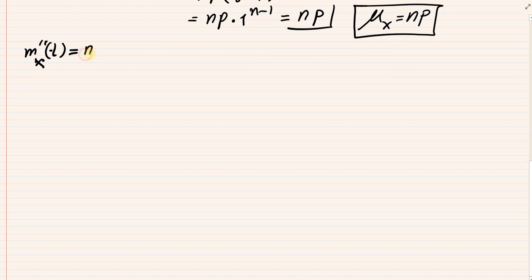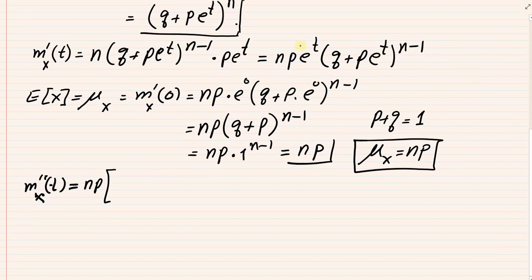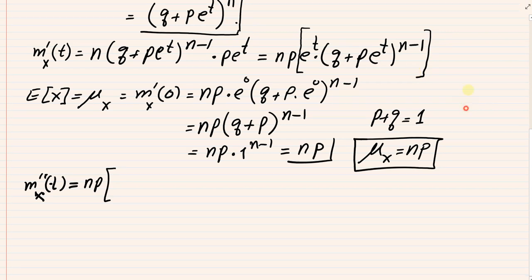I'm going to get np. Actually, what I did first, maybe I should copy this, but I'm looking at np as a constant multiple and then using the product rule of derivatives to find the derivative of the inside of the bracket.